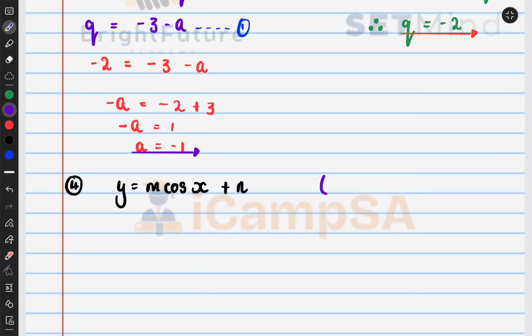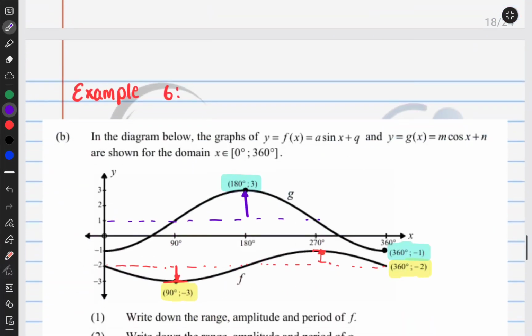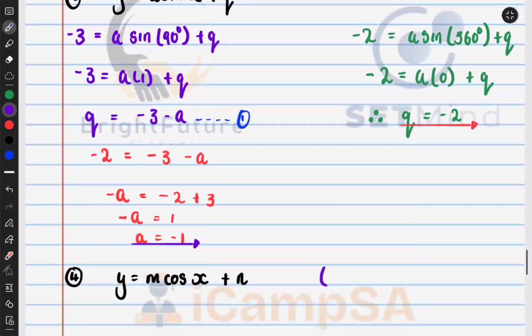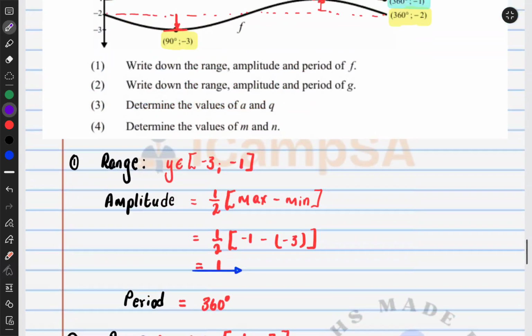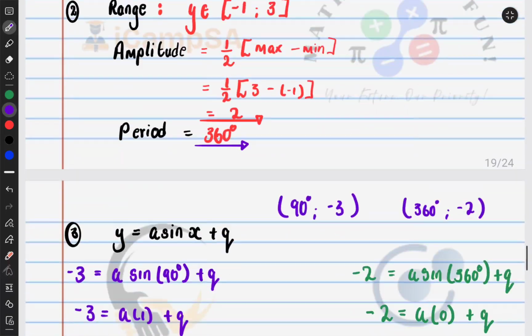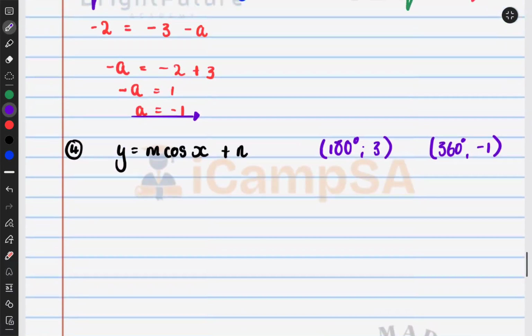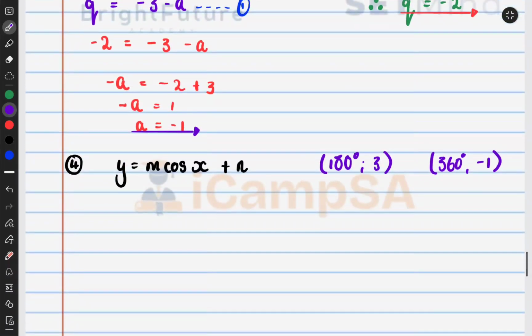The coordinates that we have there are 180 degrees and 3, and the other one is 360 degrees and -1. Okay, we substitute the coordinates and then we solve.